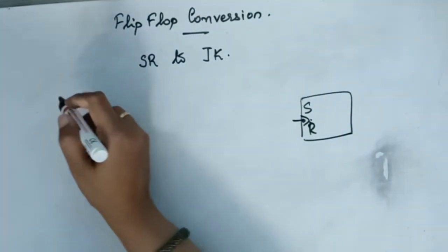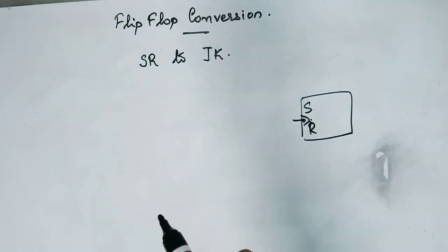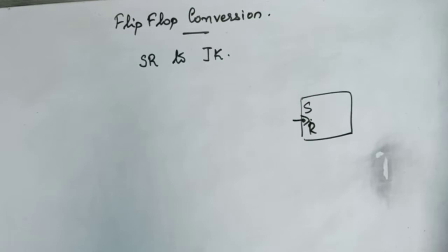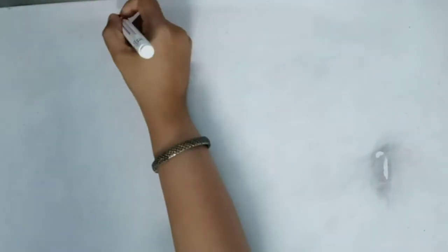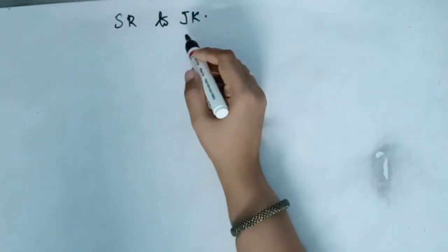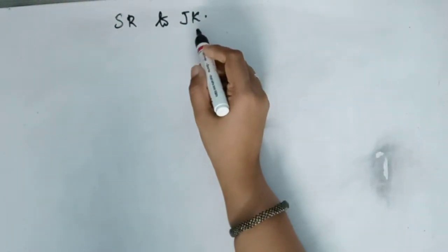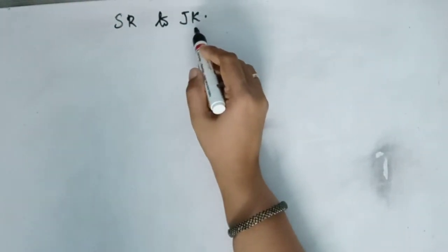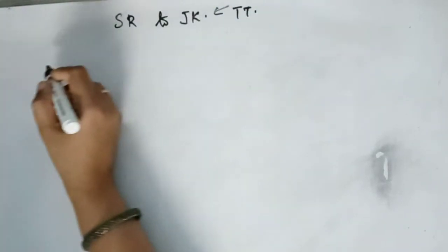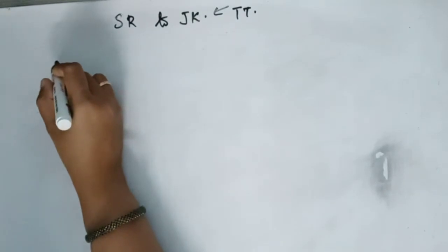So which truth table do you need? You need the truth table of JK flip-flop. So it is SR to JK. In order to convert it to JK flip-flop, you want the truth table of JK flip-flop, so you'll write the truth table of JK flip-flop.